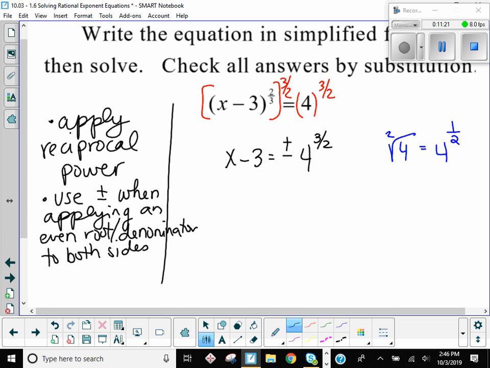We don't care if the original denominator of the fraction was even, only the one that we're doing to the left and the right as part of our solving. And that is because you're essentially taking a square root of both sides.